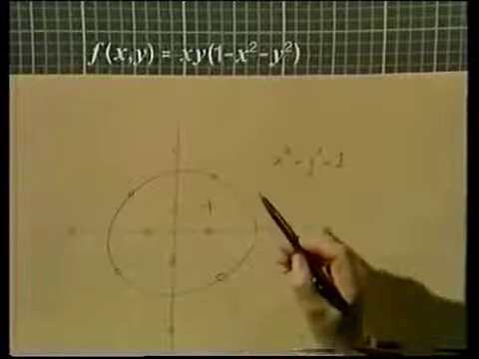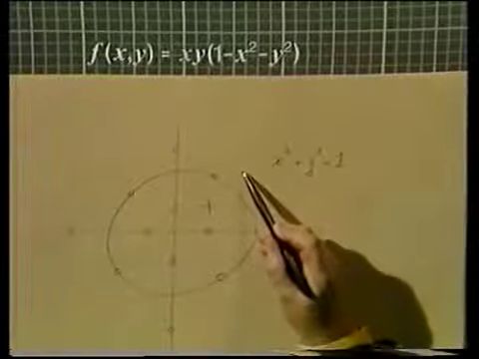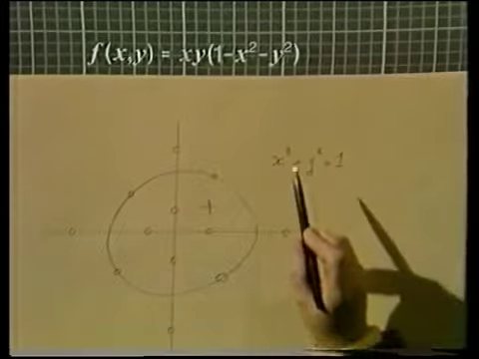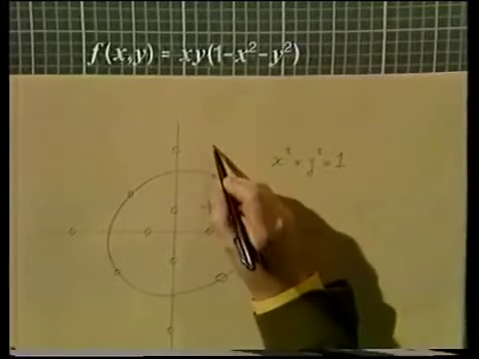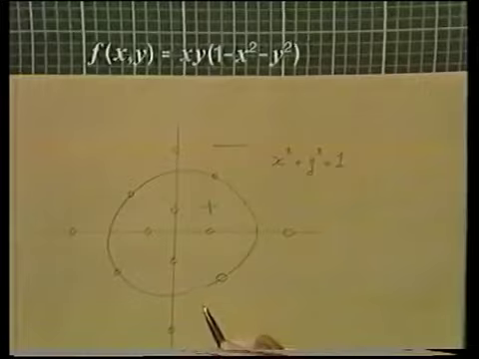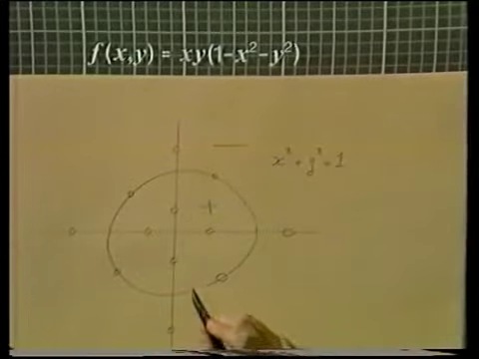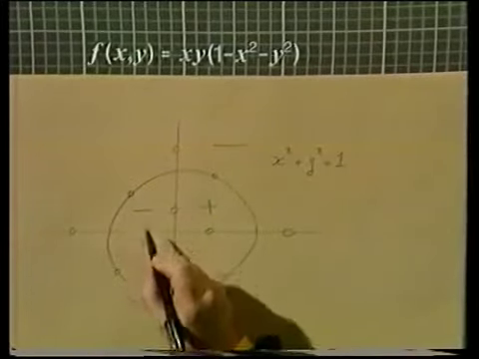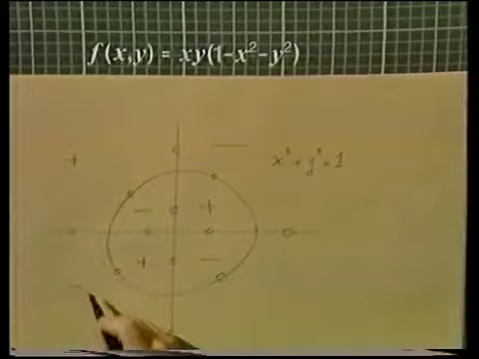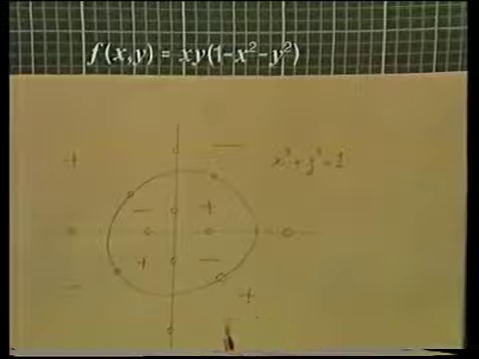On the other hand, in the first quadrant outside the quarter circle, x squared plus y squared is greater than 1, and so our bracket is negative, and our function is negative. In the same way, we can tell what the signs of f are in each of the other regions in the plane. Minus, plus, minus, plus, minus, and plus.